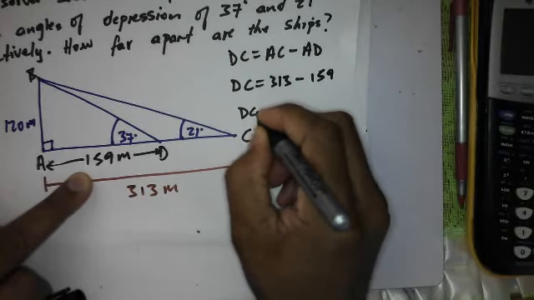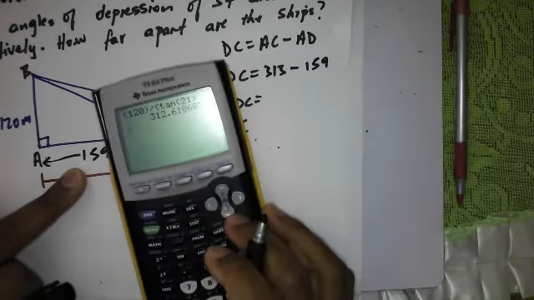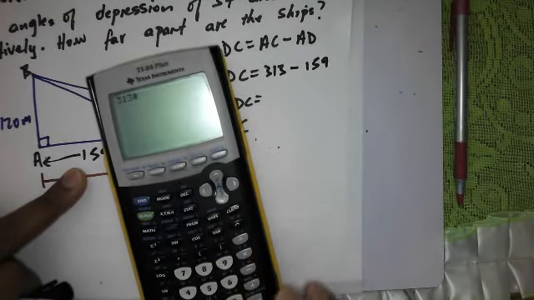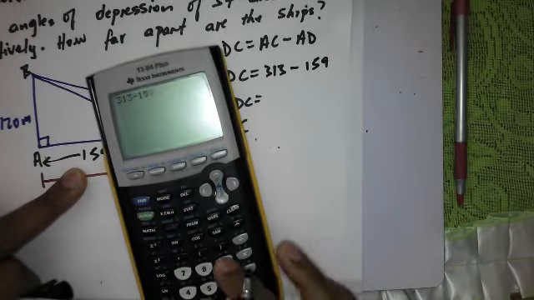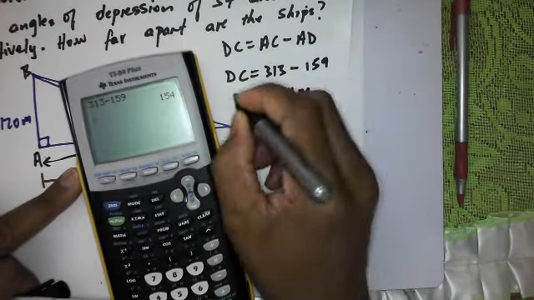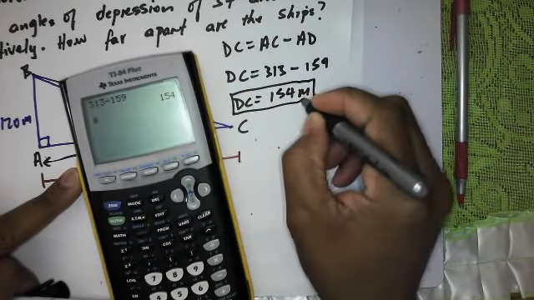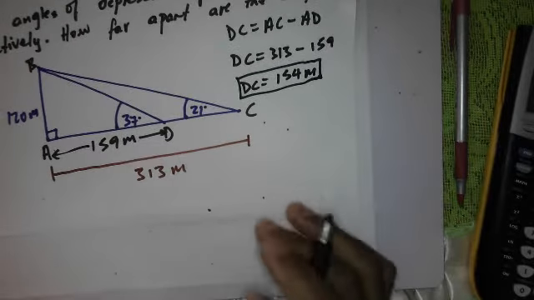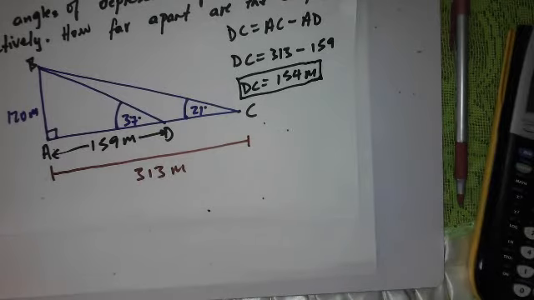So 313 minus 159 gives us 154 meters. That would be the distance between the ships. That is how far the ships are apart. Alright. Have a fantastic day.